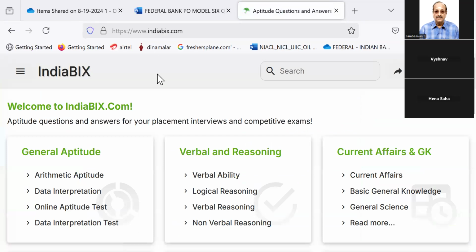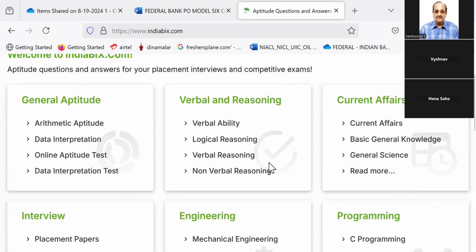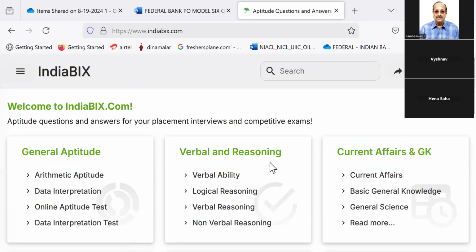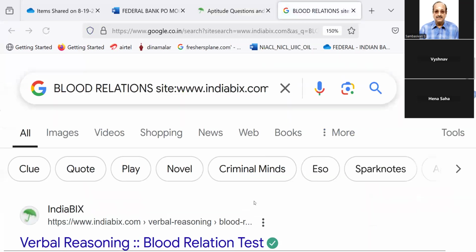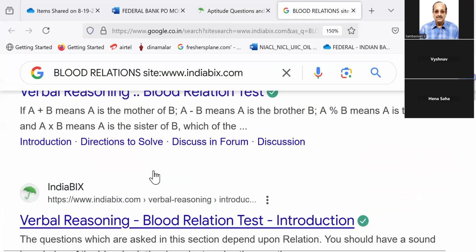IndiaBix. This is what I am showing you. Are you seeing now? Yes, sir. Here I should ask for blood relations. Blood relation test.